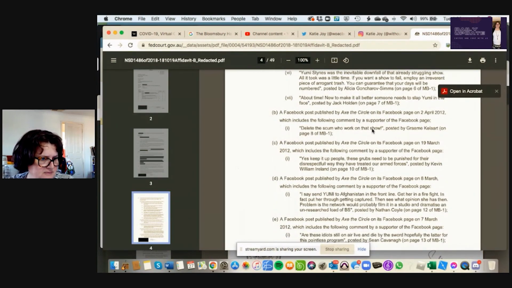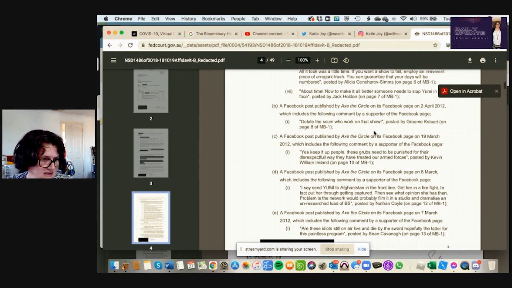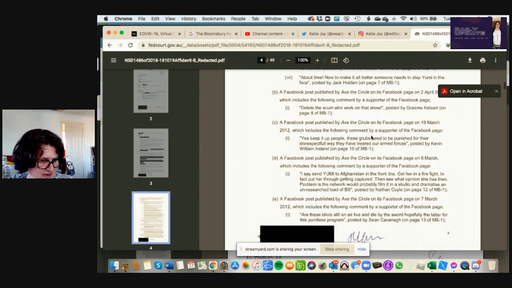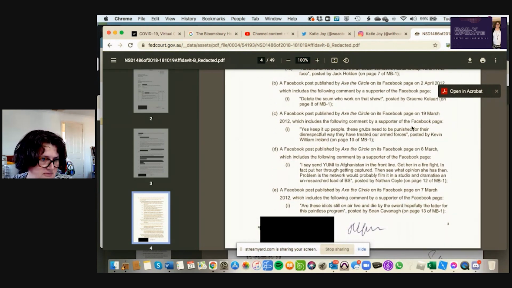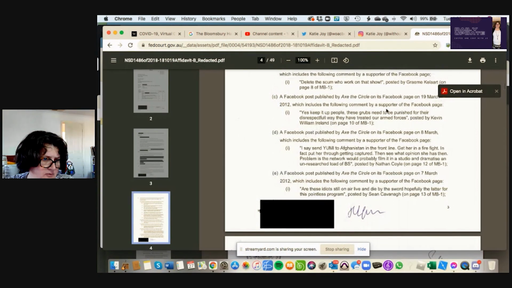A Facebook post published by Access Circle on April 2nd, 2012 included the following comment: delete the scum who work on that show. A Facebook post published on Access Circle on the 19th of March 2012 included the following comment by a supporter of the Facebook page: yes, keep it up, people.